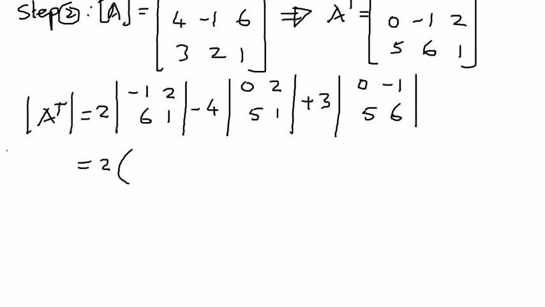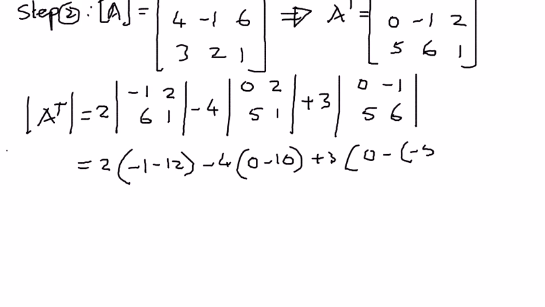This is going to be 2 times -1 times 1 is -1, and then 6 times 2 is 12 with a negative sign. Then 4 times 0 times 1 is 0, minus 5 times 2 is 10, right? Plus 3 times 0 times 6 is 0, minus 5 times -1 is -5. So we want to be careful about the signs.